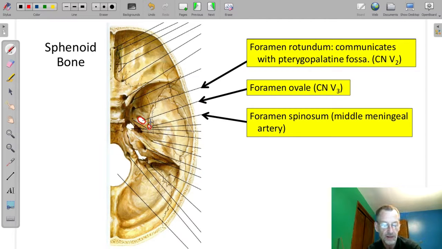You know that these are all holes, passageways, foramina, within the sphenoid bone. And then we have the foramen rotundum here. So if we go through the foramen rotundum, where do we wind up? Back in the pterygopalatine fossa. And you can tell me what nerves and structures pass through those openings. Okay, next slide.